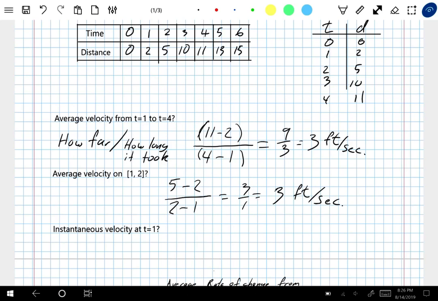Okay. Second is that it actually doesn't matter if I were to reverse the order of these, as long as I'm consistent. Okay, as long as this 5 and 2, right, at t equals 2, I had a distance of 5, as long as those both come first or both come second, it really doesn't matter, because under the hood is something called slope, which we'll be seeing in a second.